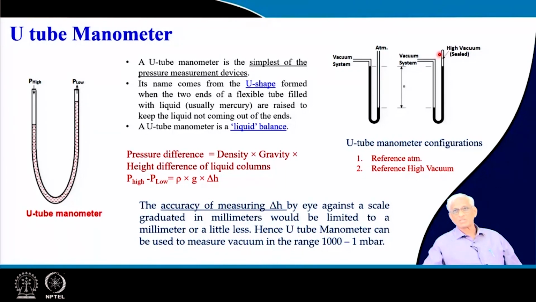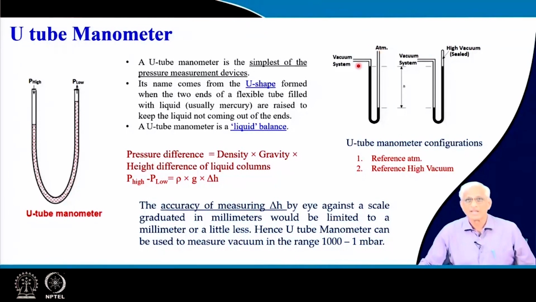Here we are exposing it to high vacuum. The vacuum system to be measured is much poorer compared to this, so that you will have meaningful experiments. Here also the system to be measured is connected to the left, but the right is always higher than the left. Here the right is much lower compared to the left.